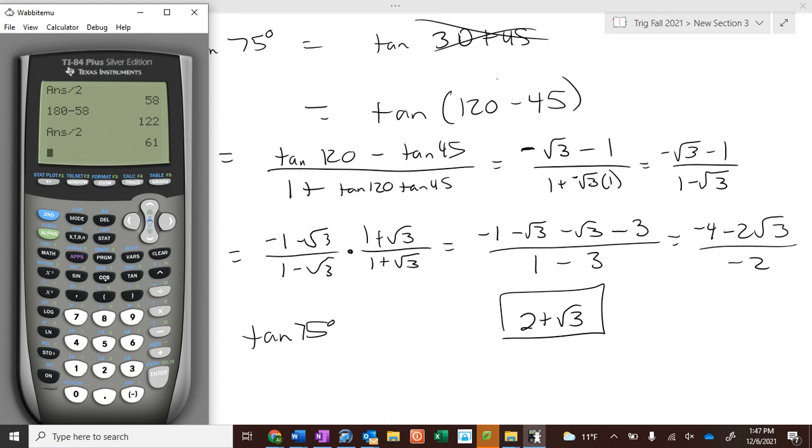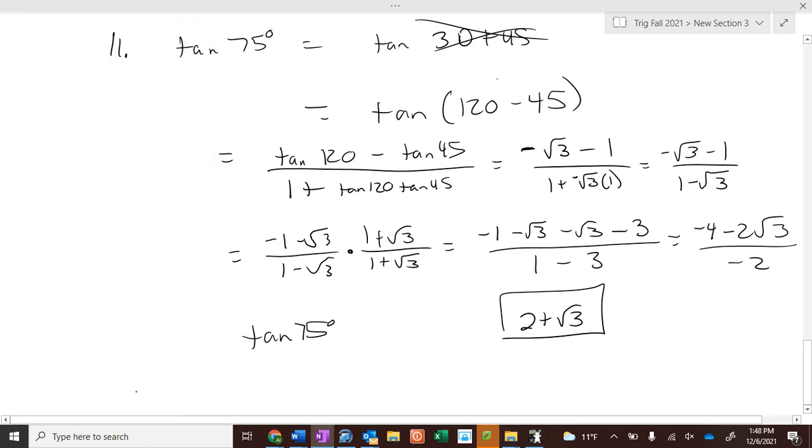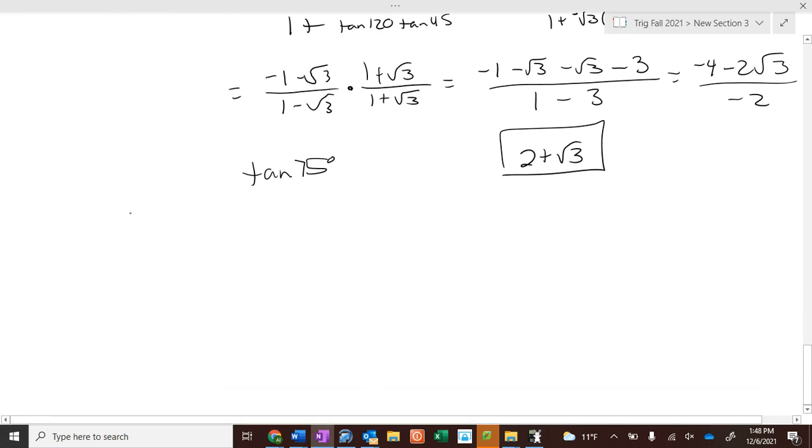So I go tangent of 75 degrees is that. And if I go 2 plus the square root of 3, I get that. They're exactly the same, so I got the right answer. So if you ever wonder if you get the right answer, you can check on your calculator, see if your answers match.